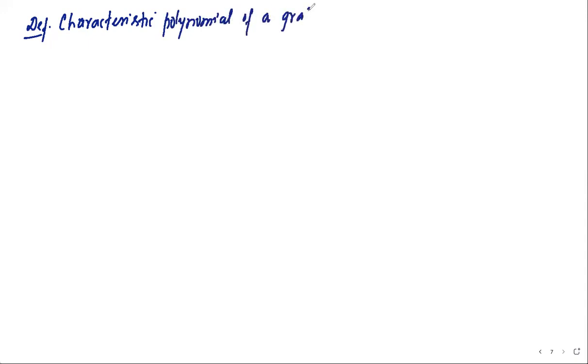Now we define the characteristic polynomial of a graph. Now a definition. So how do we define a characteristic polynomial of a graph?